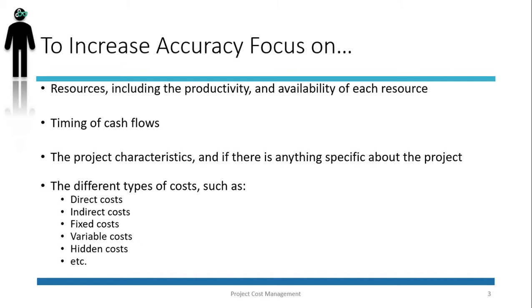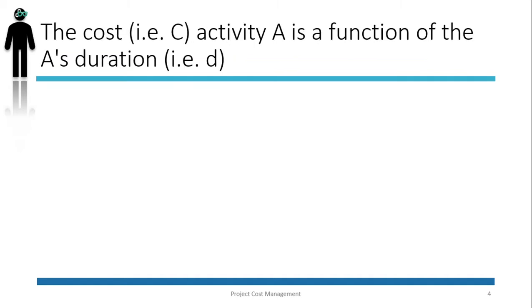In this article and in this video, I will focus on the productivity of human resources and how that impacts the cost estimates. The definition of all these different types of costs will be covered in my future videos as well. Let's talk about productivity. The cost of an activity is essentially a function of its duration.